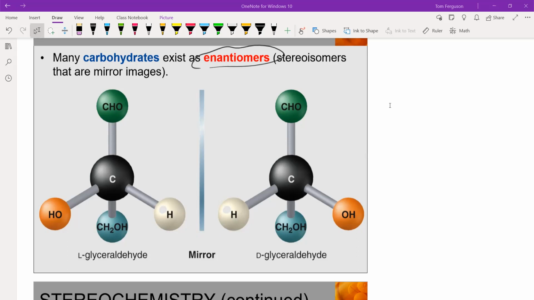And for that to happen, you've got to have a carbon that has 4 unique groups attached to it. When that happens, you have a chiral carbon.